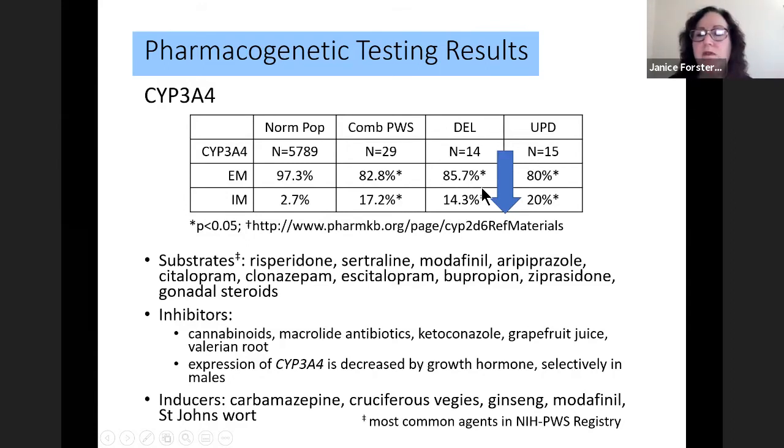And this was typical for both deletion and UPD. And you can see that they all reached a level of statistical significance. So what's unique about 3A4 is that its activity, its expression is decreased by growth hormone. And there's a sexually dimorphic effect because it's selectively in males.